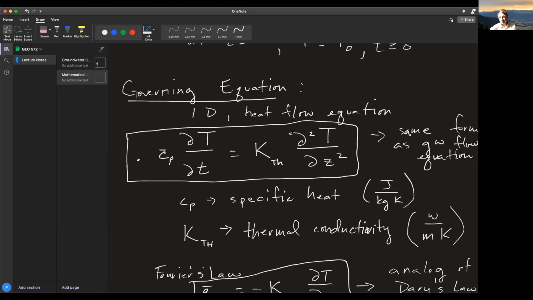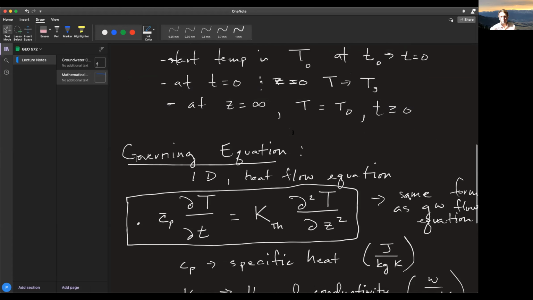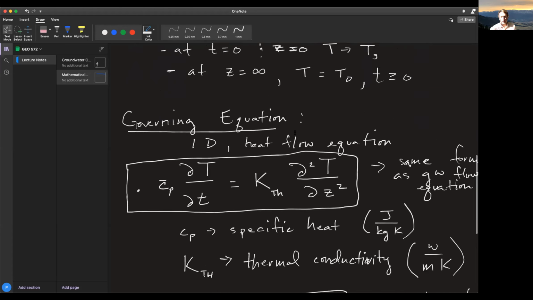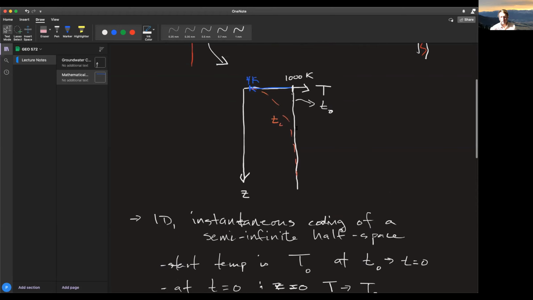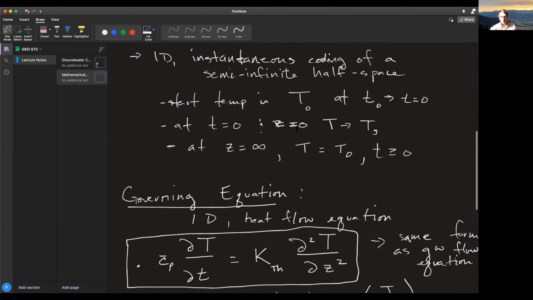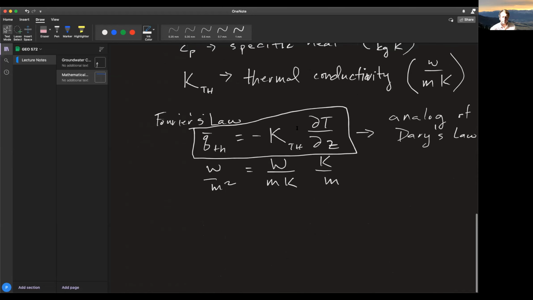Okay, so what I want to be able to do is solve this heat flow equation and be able to model the temperature with time in my cooling slab. To do this, we are going to solve the boundary value problem.